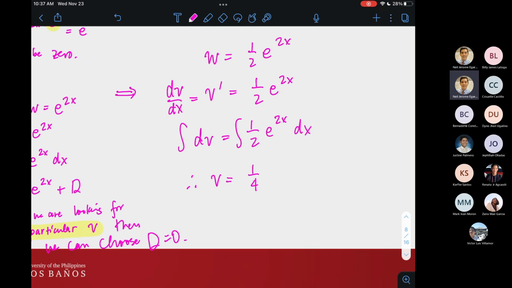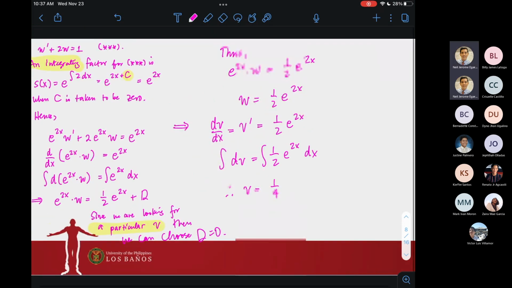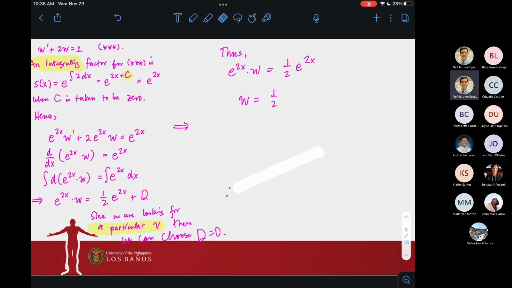1/4, hold on. Sorry, wala na pala to si e to the 2x. O, diba? Yeah. Kaya ako nagtataka kasi hindi familiar na meron akong integral ng 1/2 e to the 2x. Sinolve ko to kagabi.